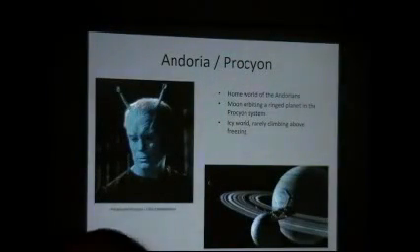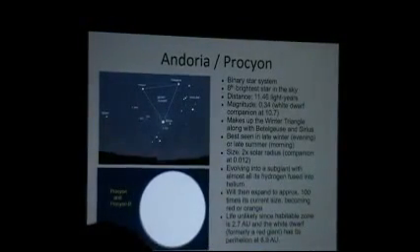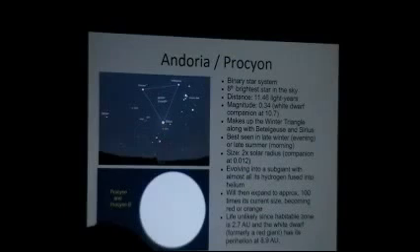Andorians. They are from not actually a planet, but a moon in orbit of a green planet that's in orbit around Saturn. Well, we know where to find it. We have the winter triangle, and here it is.